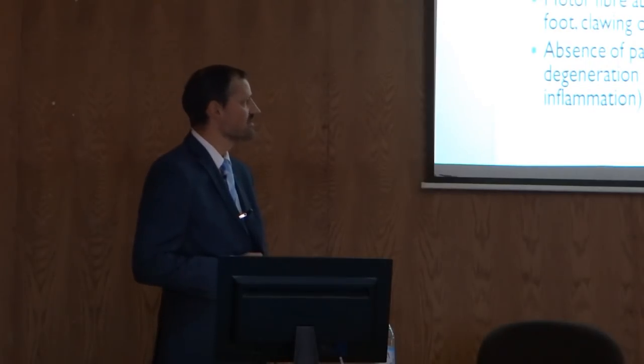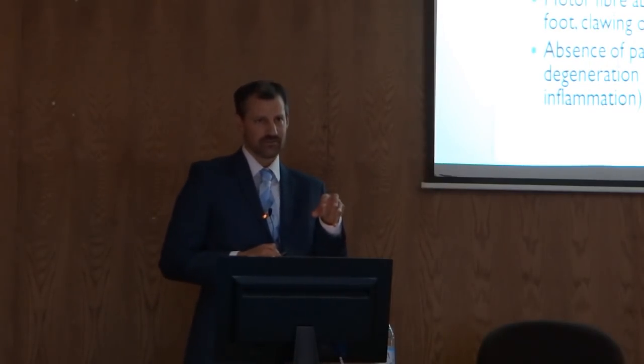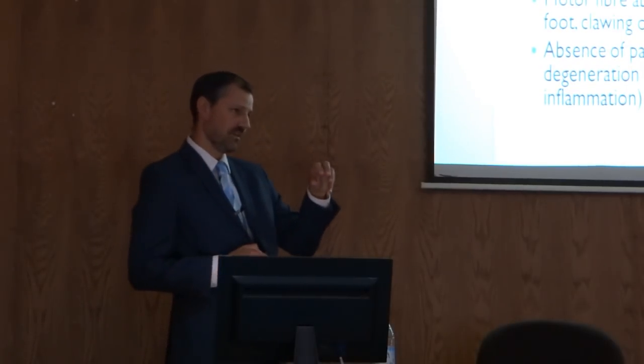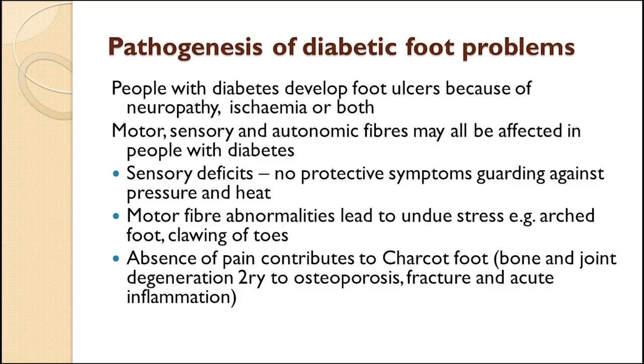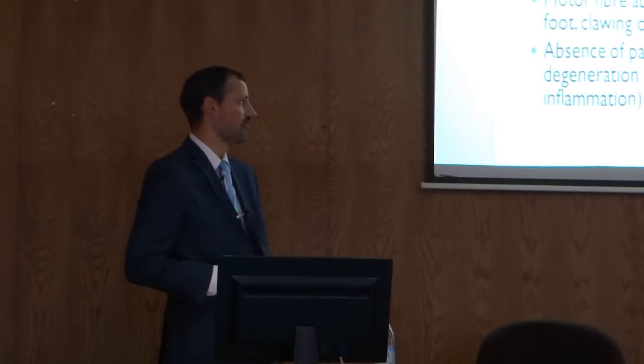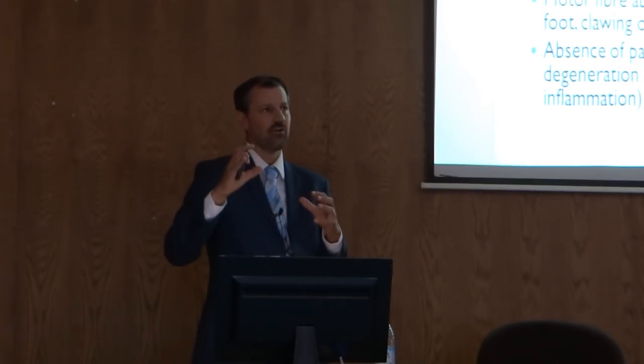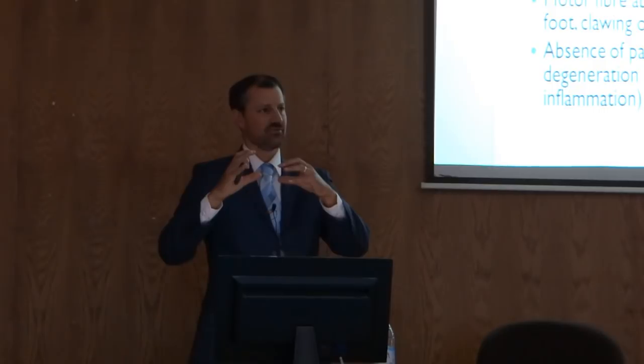The motor fibres, they affect the muscles and the bones. So if you've got a motor nerve problem, that can lead to induced stress. You kind of get an overarching of the foot, or like claw toes as well. Or it can affect this other condition called Charcot's foot, where you lose the architecture of the foot. If you've got an absence of pain, that also contributes to the Charcot foot problem, and that's basically a degeneration of the ankle joint with the metatarsals.